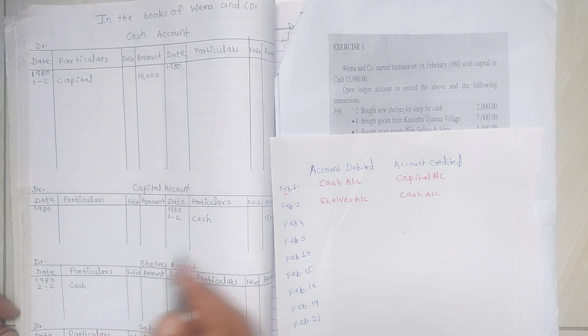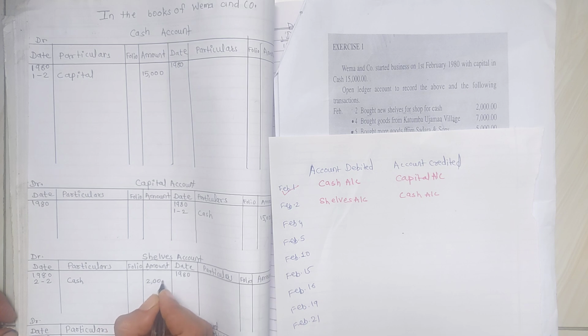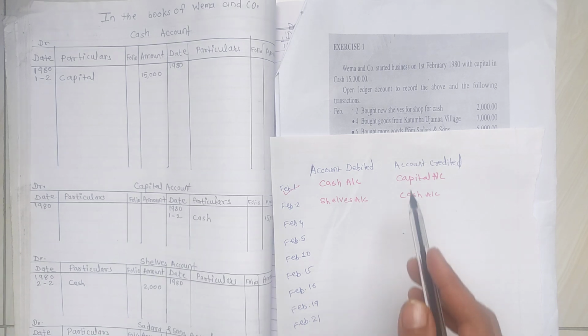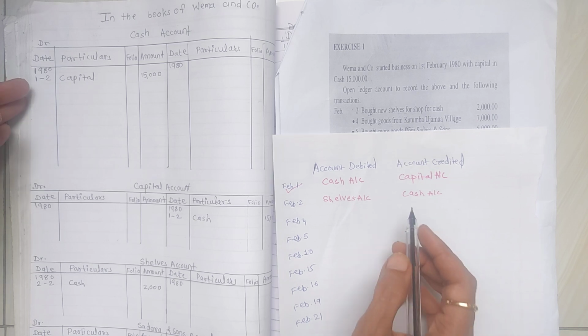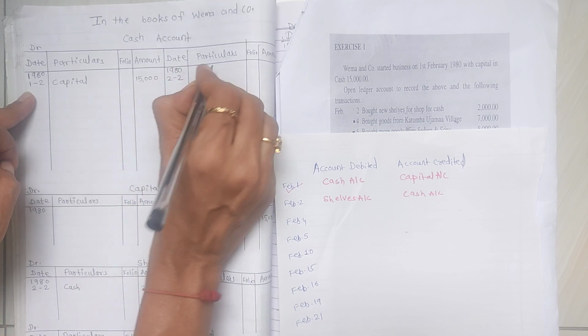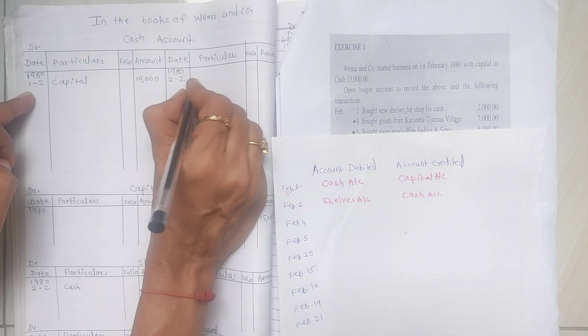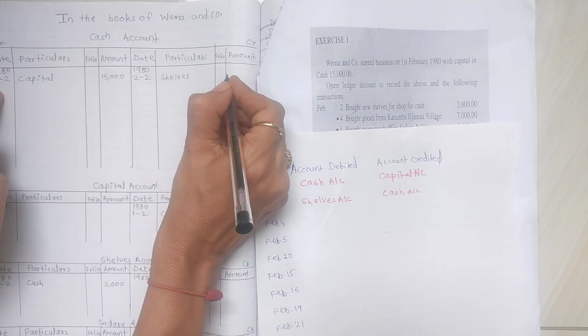The amount of the shelves is 2000. And the second effect, which account is credited? Cash. Cash goes out, real account rule. So in the cash account credit side, 2nd Feb, the name of the account which is debited, shelves, 2000.